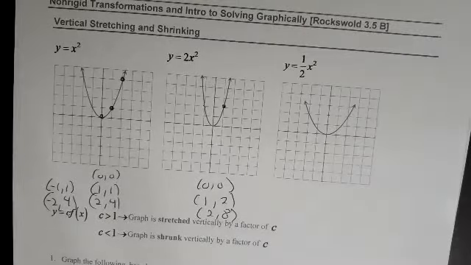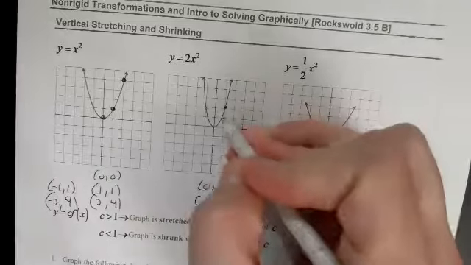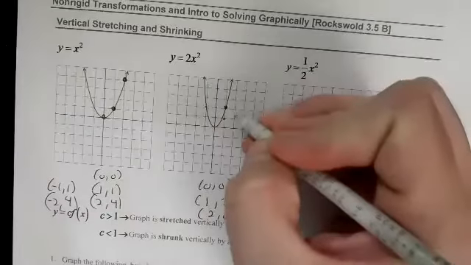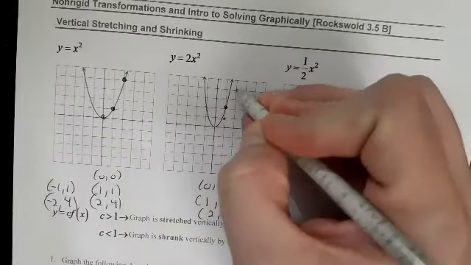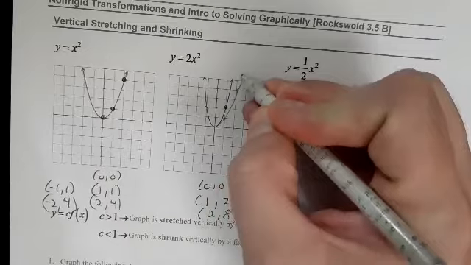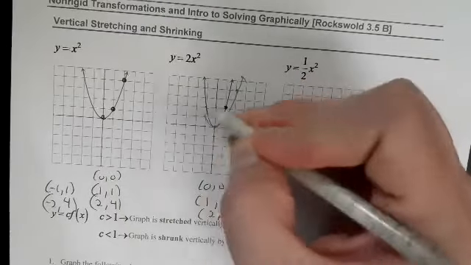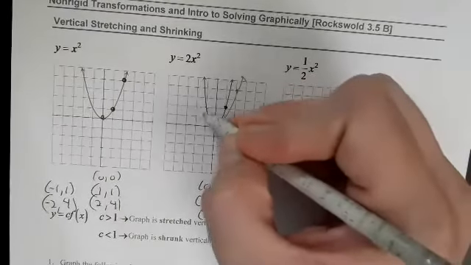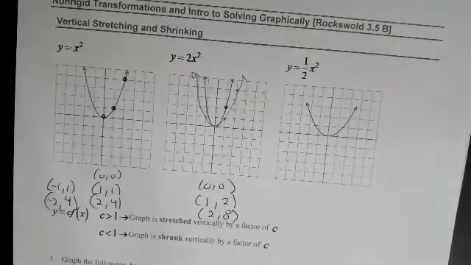So how are they describing this graph? If we were to draw our original graph on here, it would look like this. So how do we go from one to the other?